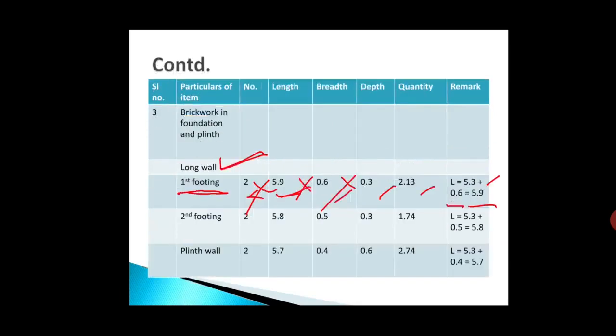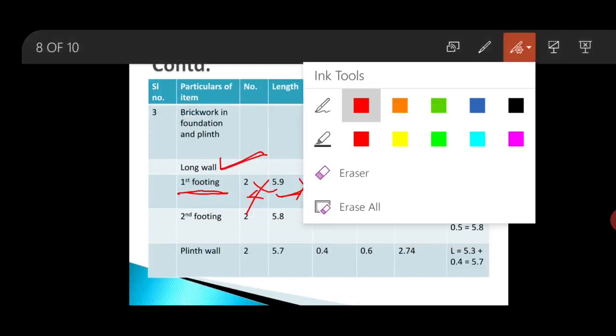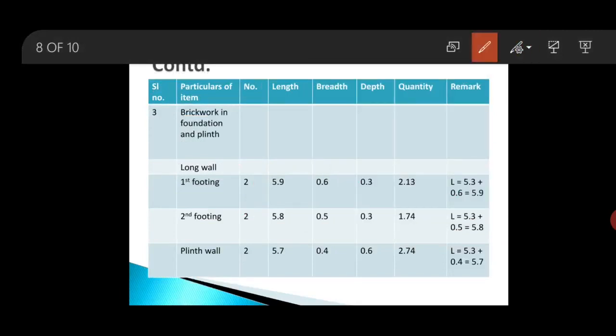In the details of measurement form, this one is item number 3, and under the particulars of item column we will write brickwork in foundation and plinth. Then we will first go for our long wall. Long wall will include the quantity of first footing, second footing as well as plinth wall.